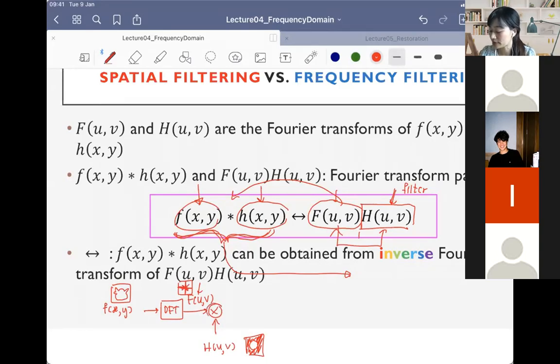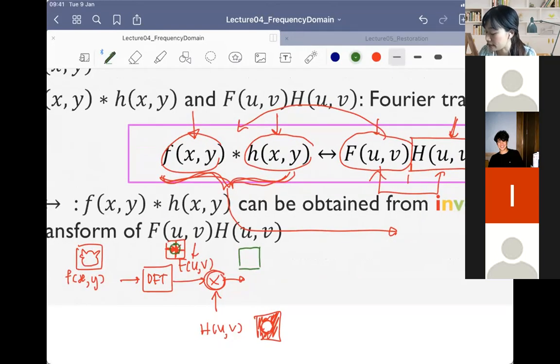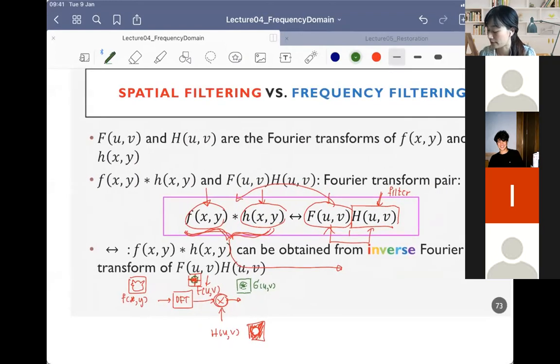So when I multiply them, only the low frequencies will be passed. Outside the cutoff frequency, everything is removed. So the result from the filtering in the frequency domain would just look like this, with the envelope around here. And this is called G(u,v). I think I defined this G(u,v) at the beginning of the slide.